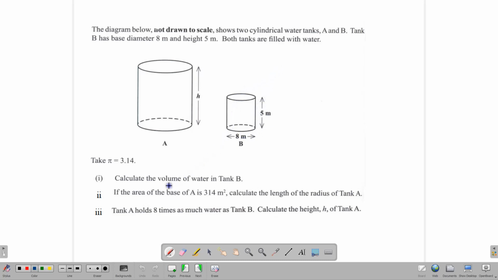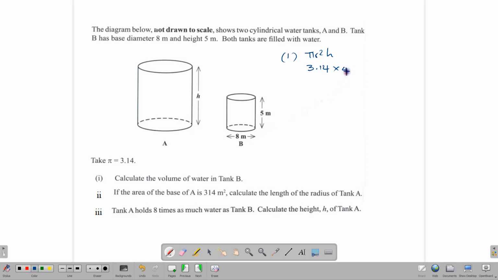All right, so let's calculate the volume of tank B. For a cylinder, we calculate the volume using pi r squared height. So we apply that here. We are going to use 3.14 for pi, times the radius squared, and the diameter here is 8, which tells us that the radius is 4.